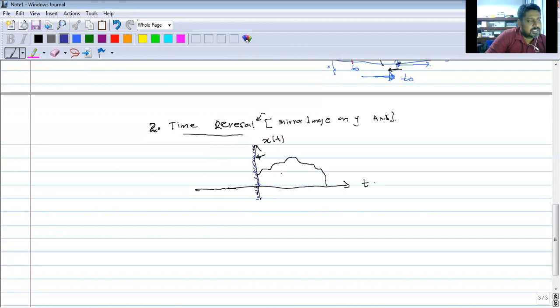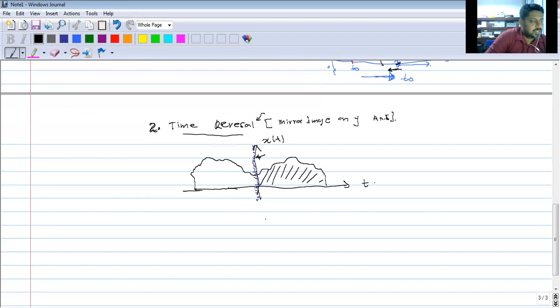Consider this y-axis as a mirror. Then you will get the signal like this. This is the original signal, and this is the mirror of the signal. So this is the time reverse signal.